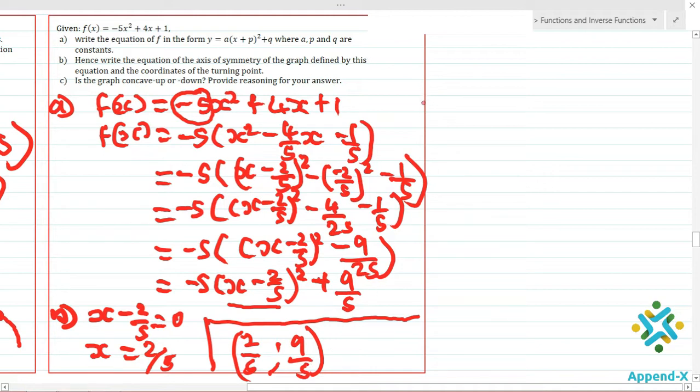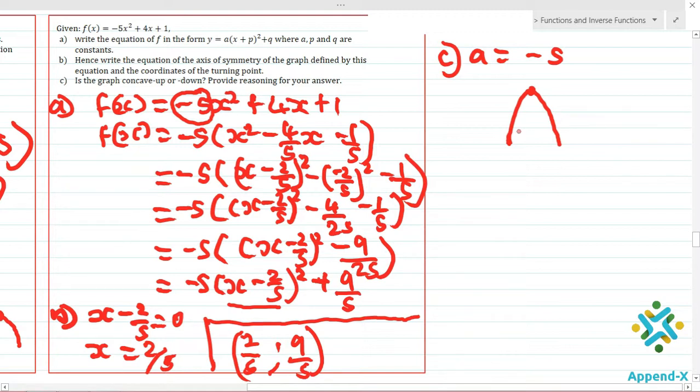Okay, now part C says, is the graph concave up or down? Provide reasoning for your answer. Okay, now the coefficient here, a, is equal to a negative 5, therefore the graph must be concave down. Okay, with the turning point occurring at the maximum point or the highest point on the graph.